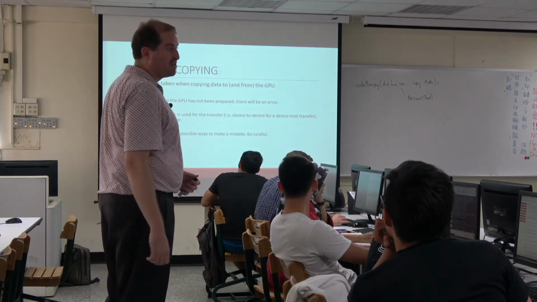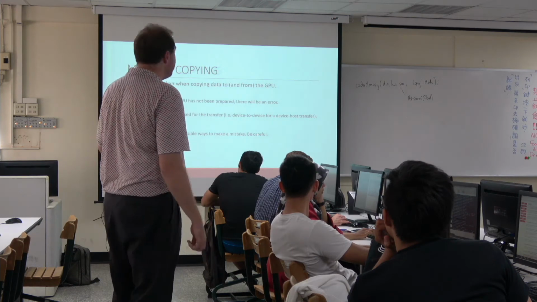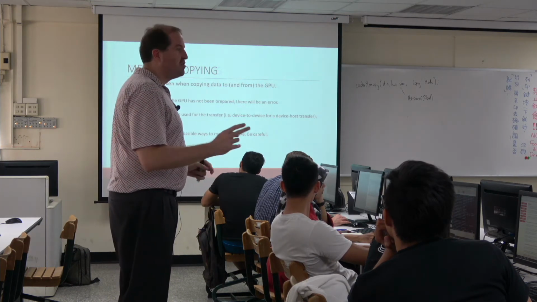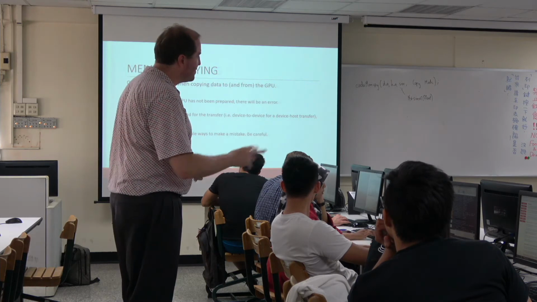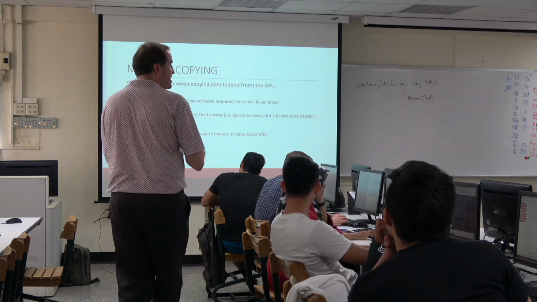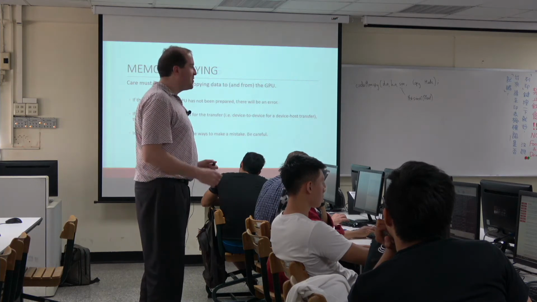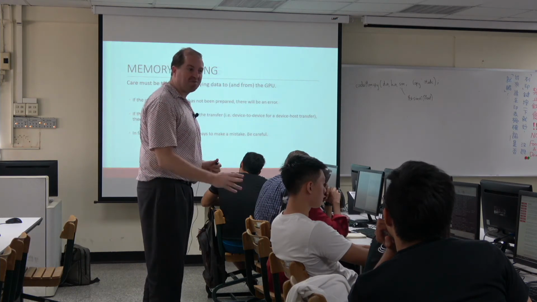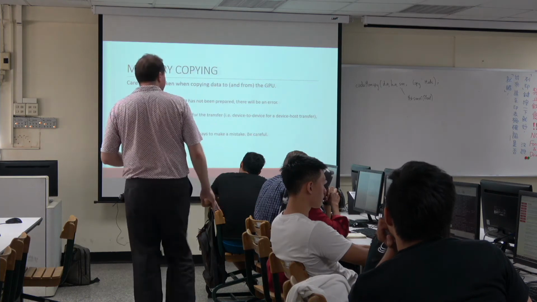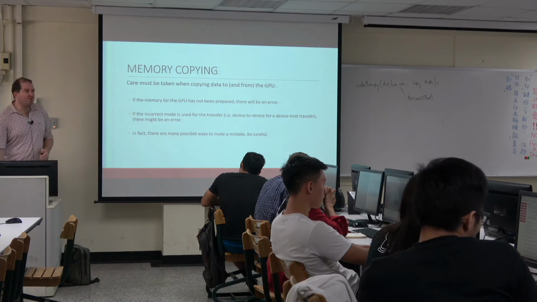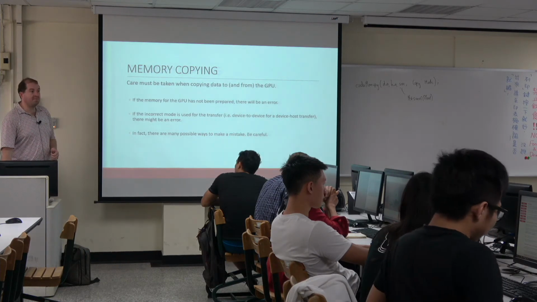You'll be lucky if it tells you. There are about 50 different errors you can make communicating data between the host and the device. I personally can't wait until I watch you guys try to do it. I'm going to see every kind of error that is possible, and that is perfect because that is how you become an expert, by making mistakes. Please do not set my GPU on fire.